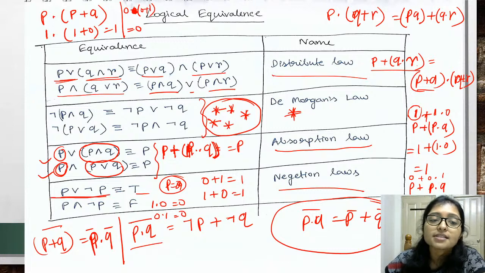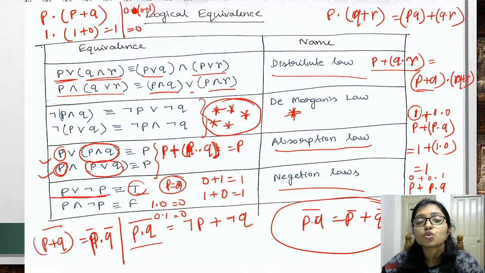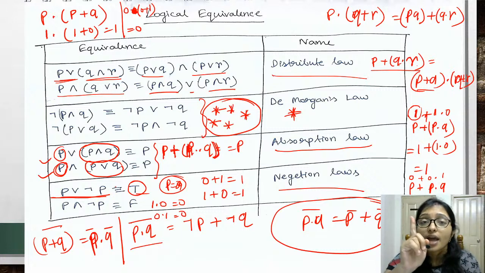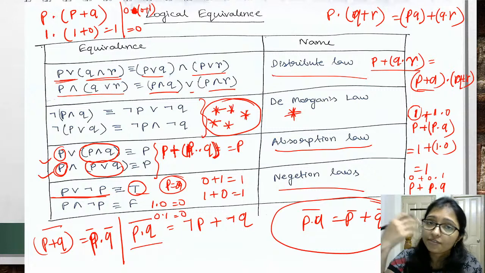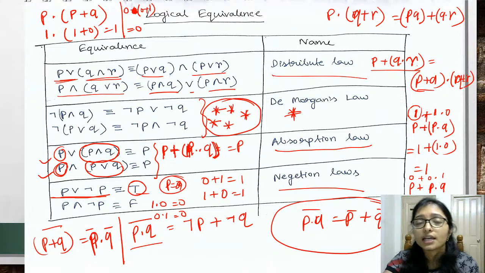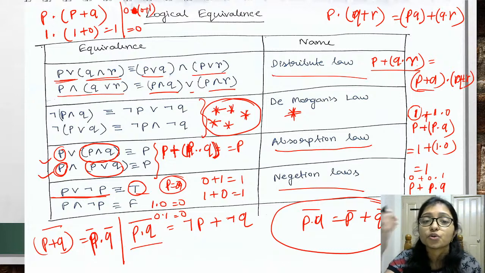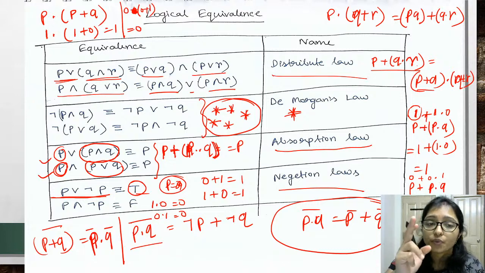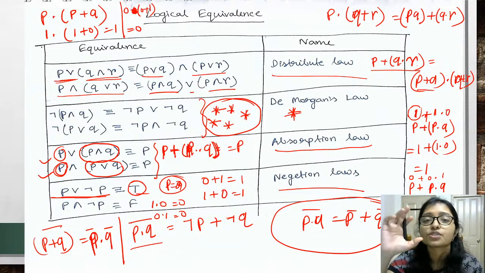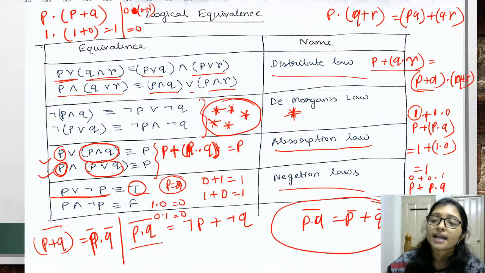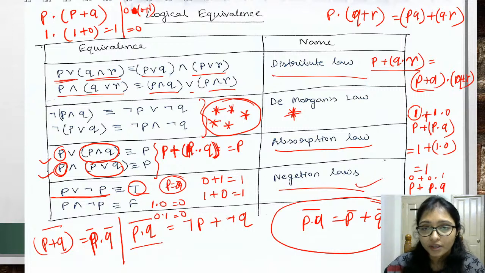P plus negation P is always true, because at least one will be 1. If it is 0, then negation will be 1. If it is 1, then negation will be 0. And for AND, when you are multiplying, at least one should be 0, so the result will be 0 every time. Got it? That is called negation law.